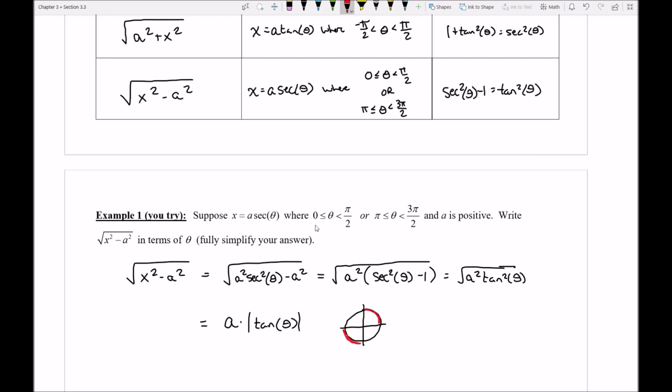Notice that would be the range of angles 0 to pi over 2, and pi to 3 pi over 2. So with the given angle restriction, I can simplify this down to a times the tangent of theta. This is why I need this strange angle restriction, so I can cover all possible values of the tangent.